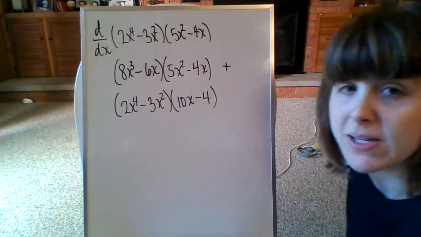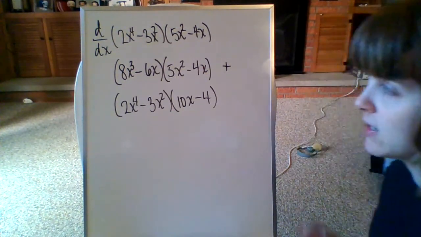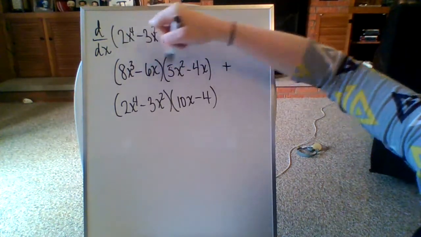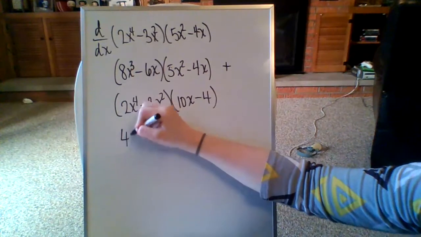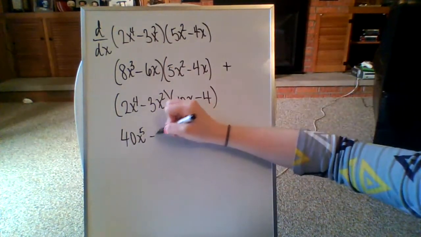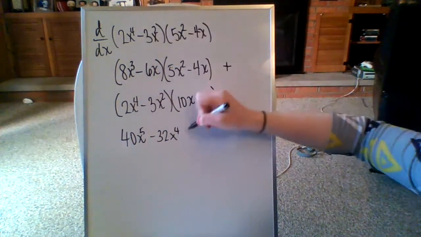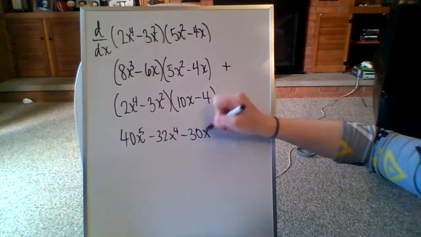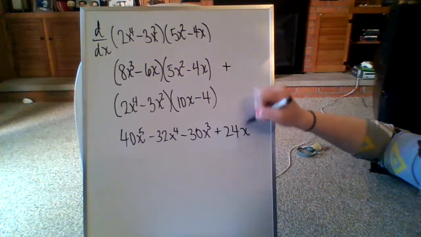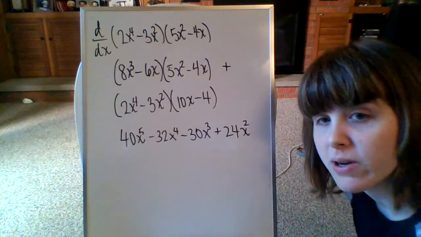Okay, so now I'm going to have to do the FOIL method twice here, and then we're going to simplify. Okay, so first I'm going to be foiling this top section. So 40x to the fifth. Okay, then negative 32x to the fourth, negative 30x to the third, plus 24x squared. Okay, so that's the foiling of the first part.